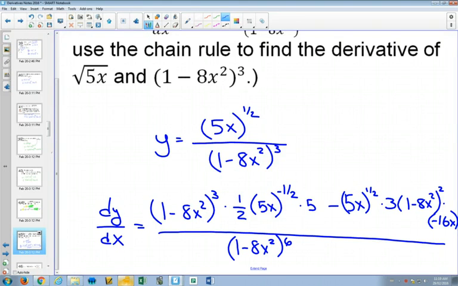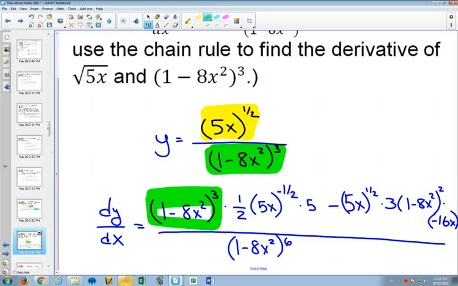Let's look at our functions. Quotient rule is when you have one function on the top, that's in yellow, divided by another function on the bottom, that's in green. The quotient rule says keep the bottom one the same. You see we have that right here. Then we multiply by the derivative of the top one.